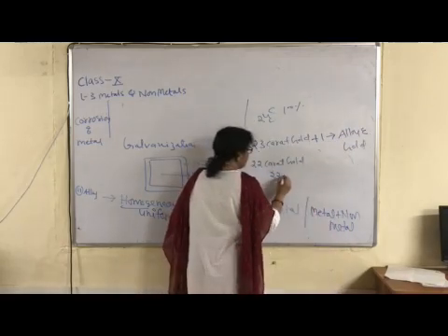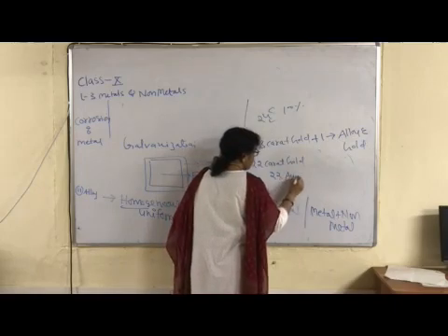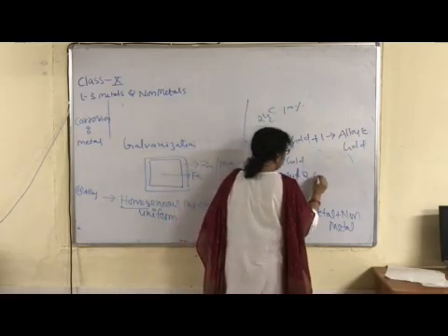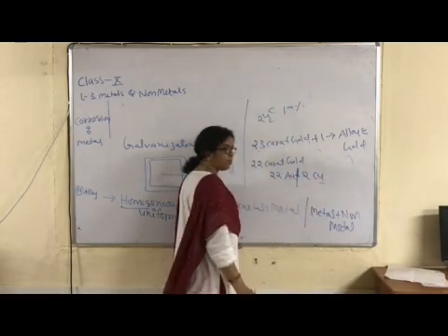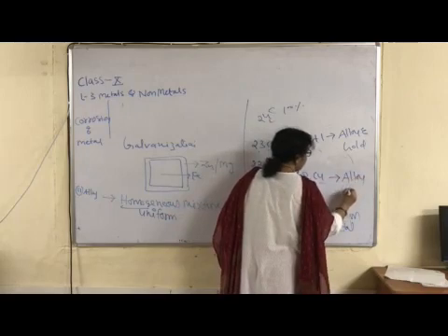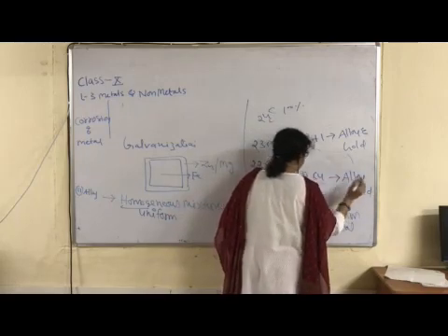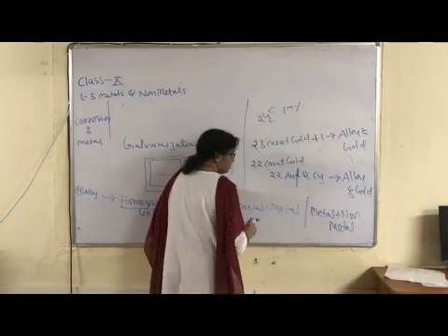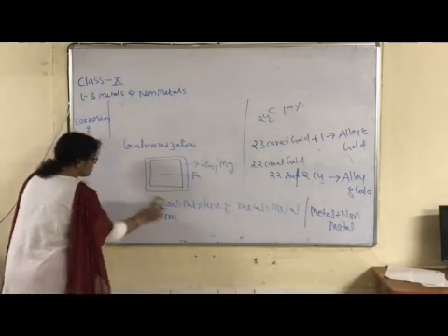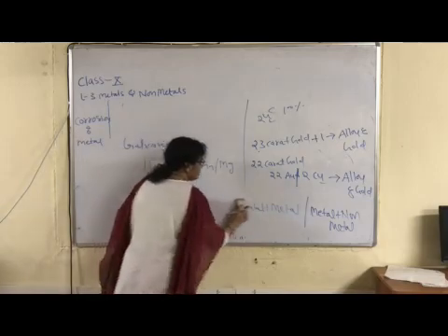22, again 22 by mass of gold and 2 by mass of copper. This resultant mixture is also an alloy of gold, right? Brass. Another example of alloy, metal with metal, is brass, right?